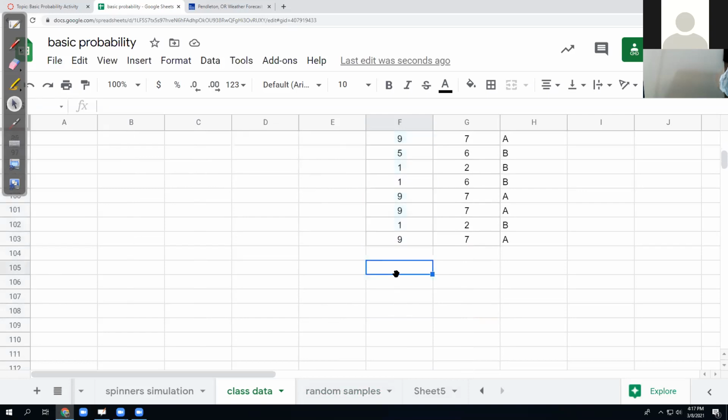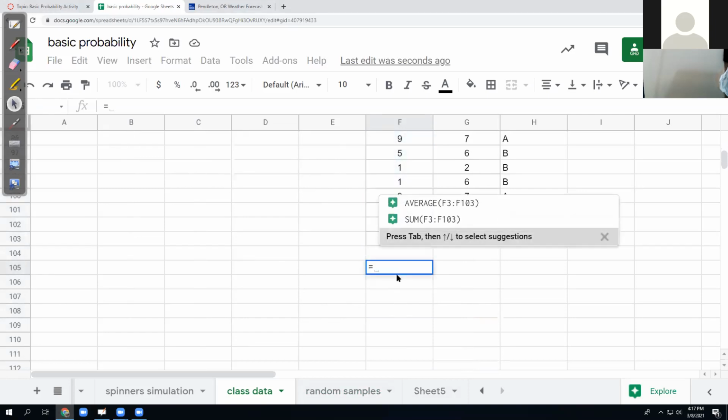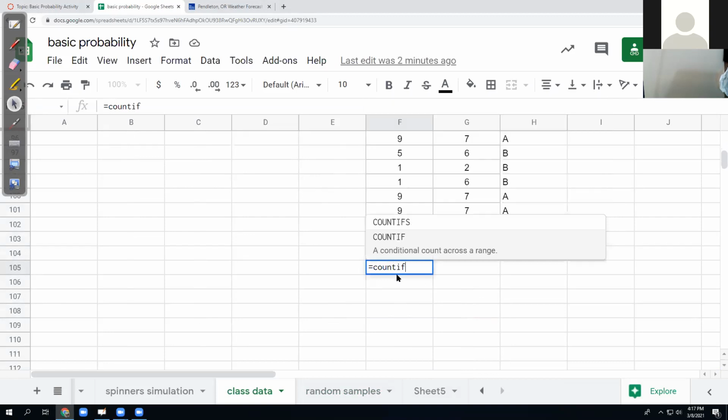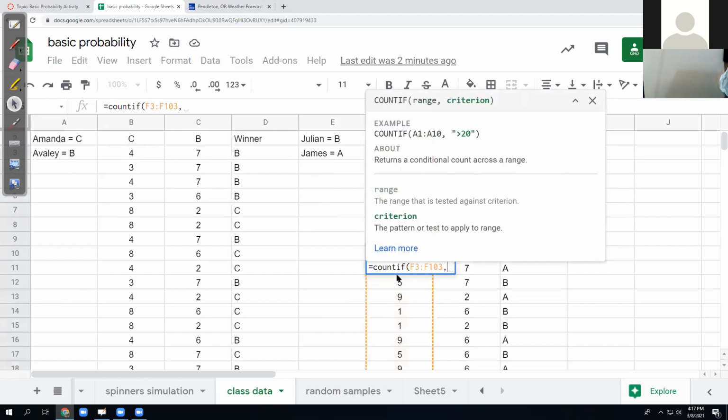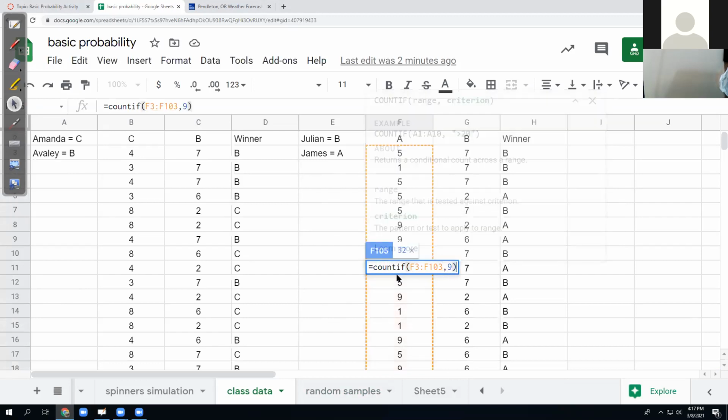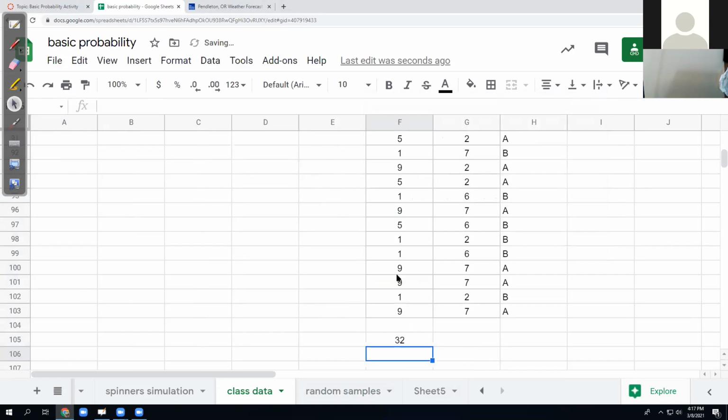So if I just count the 9s, and then say only count it if it's a 9. From the class data, there were 32 9s. There's 100 spins there, so that would be 32 out of 100.